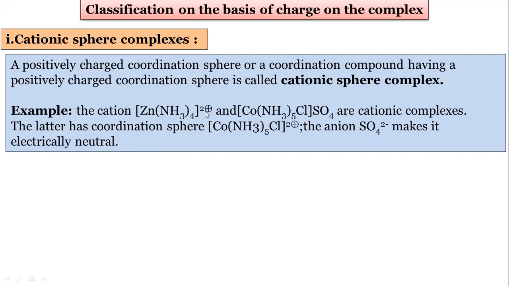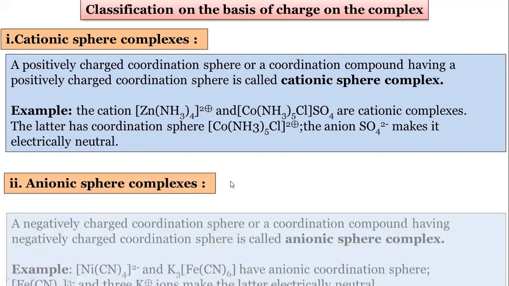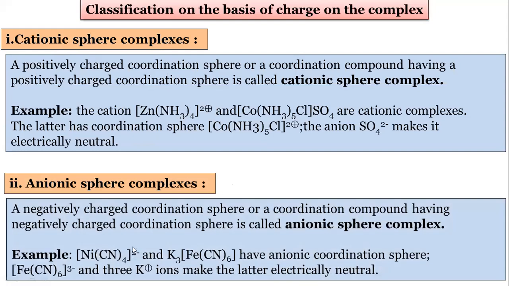See, as the positive charge is there, this is a cationic sphere complex, and if the negative charge is there, this is called anionic. This complex is having negative charge, but this complex is not having charge. But due to this K3, we get [Fe(CN)6]3-, because this will be ionized in water and it will give 3K+ ions. And if there are 3K+ ions, this complex will get the minus charge.